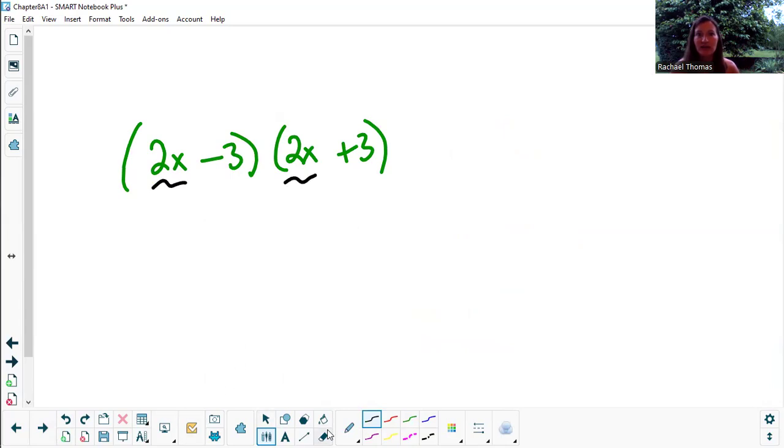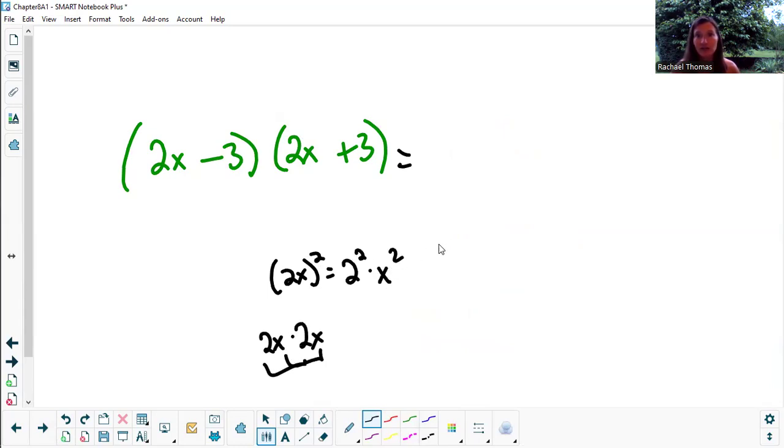So I can't have 2x and x and still follow the pattern, but 2x and 2x is going to work here. 2x squared is 2 squared times x squared, or maybe you think of this as 2x times 2x, 2 times 2, x times x, 4x squared, 4x squared, middle terms will cancel out, and then minus 9.